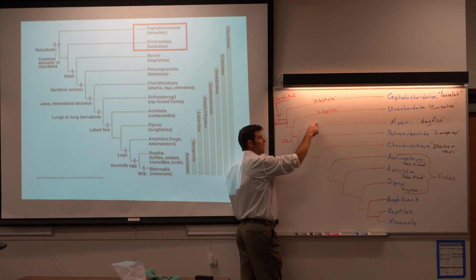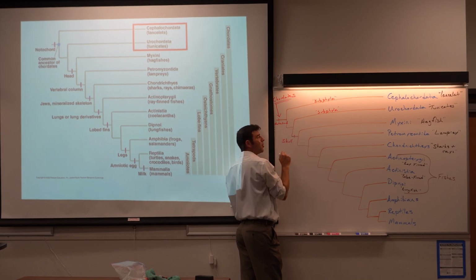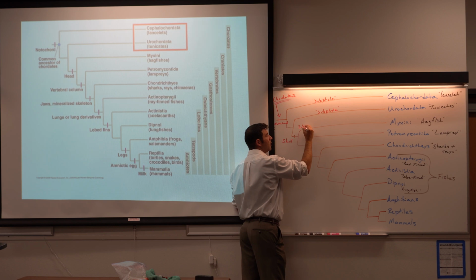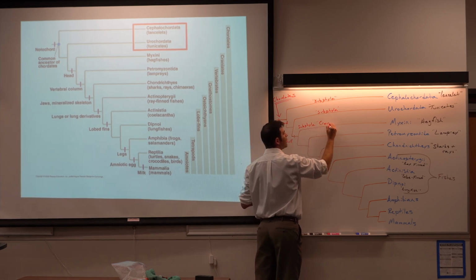So from hagfish all the way down to mammals, we're going to see an actual bony skull, meaning that anything above this, so the Urochordates and Cephalochordates, don't have an actual skull. This presence of a skull is what led to the third subphyla, called the Craniates.